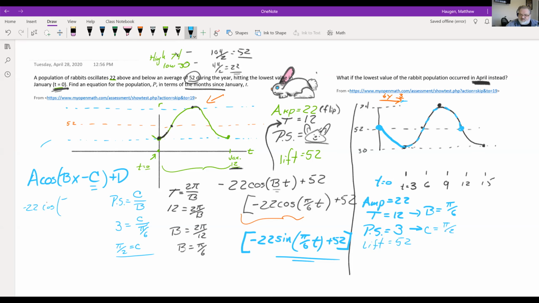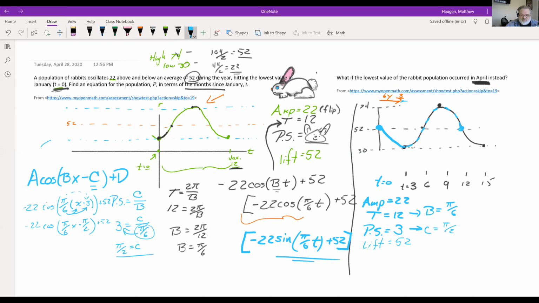Our B is still the pi over 6, but use that internal parentheses and say, okay, our phase shift is that x minus 3 plus 52, and then distribute that pi over 6, and then you'll get the same pi over 6 x minus 3 pi over 6, so pi over 2. So you'll end up in the same place either way, and you'll have to do the same thing to do it. Notice we did this by multiplying those two together, as opposed to here where we multiplied those two together.